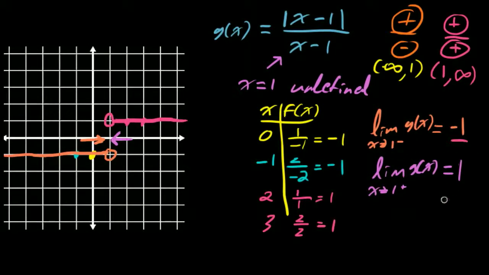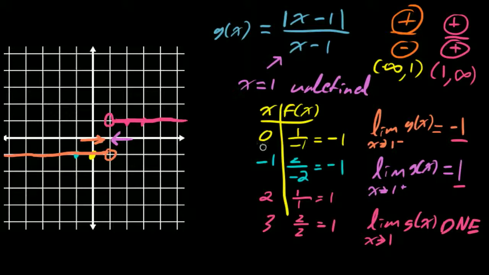These two values, negative 1 is not equal to 1, so therefore the limit as x approaches 1 from either direction, so we're not putting a direction in there, of our function g of x does not exist, and therefore we have a discontinuity here.